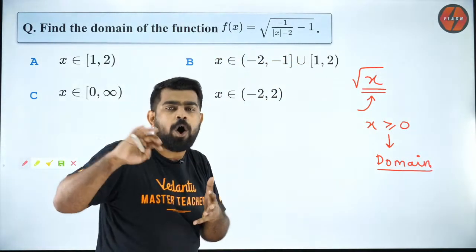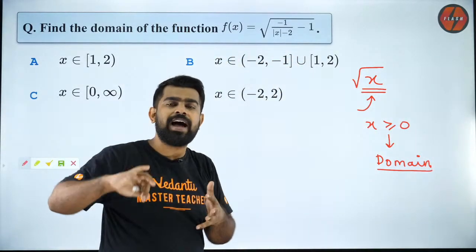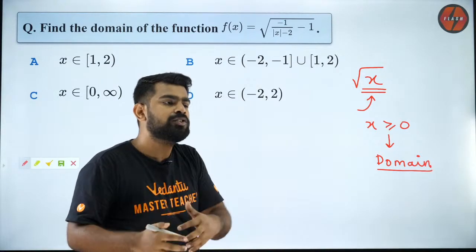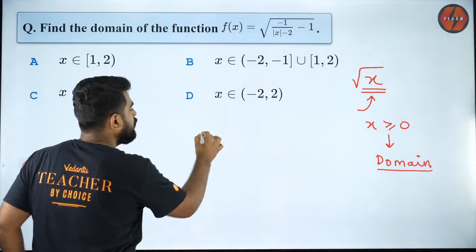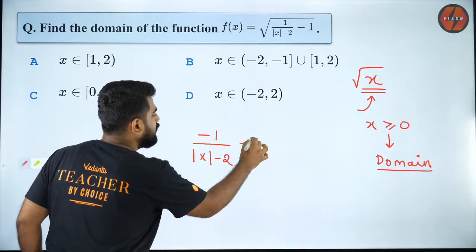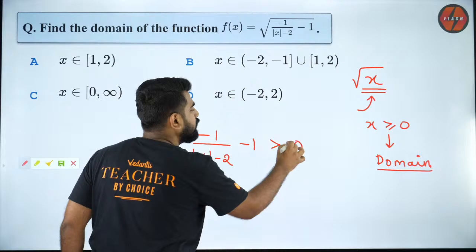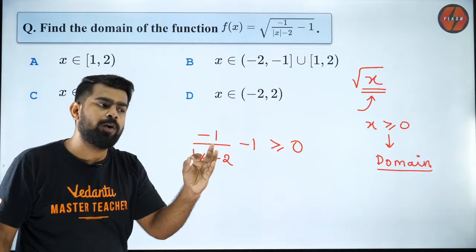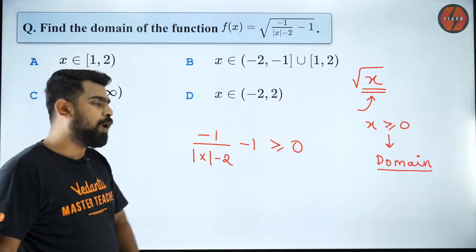So I need to remove all those unwanted values and give only those which are valid. So how do I do that? I will take the quantity inside the square root and say that it is greater than or equal to 0. As simple as that. Did you all follow it?